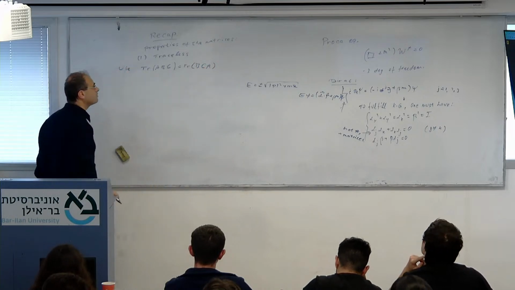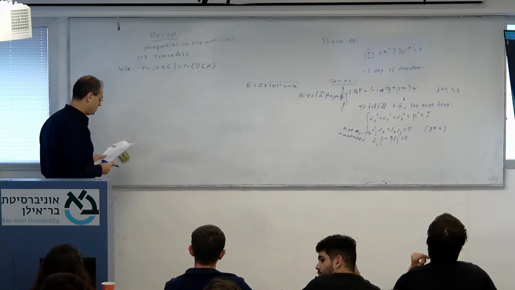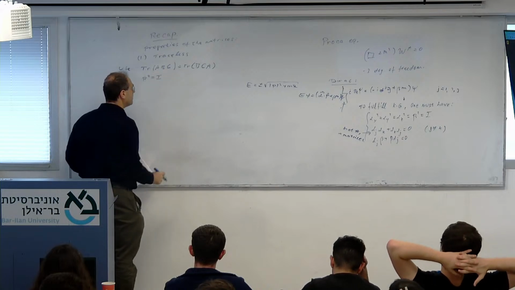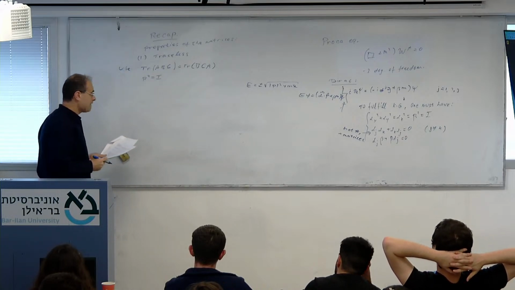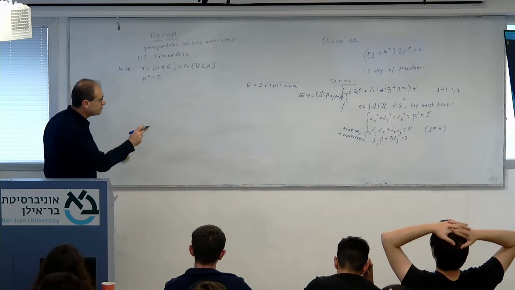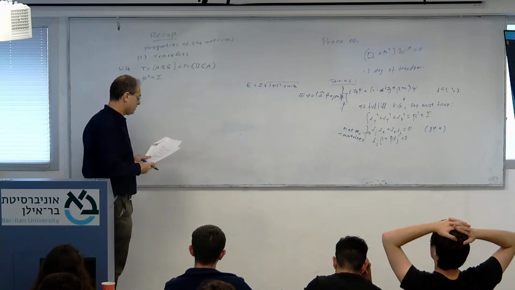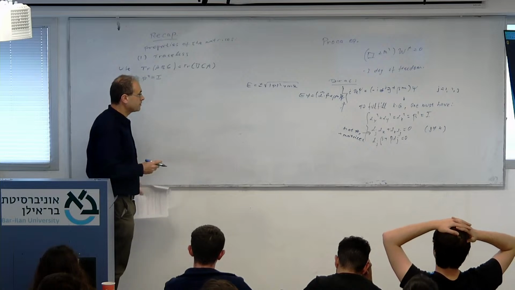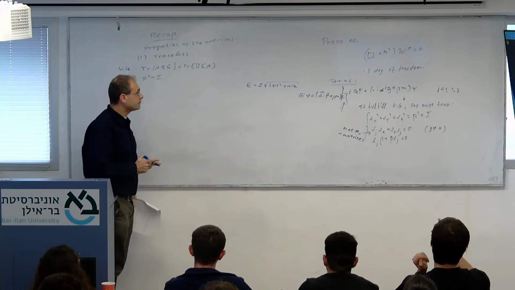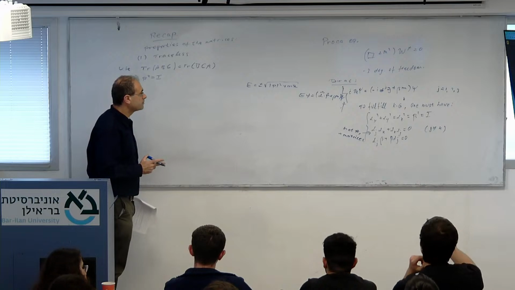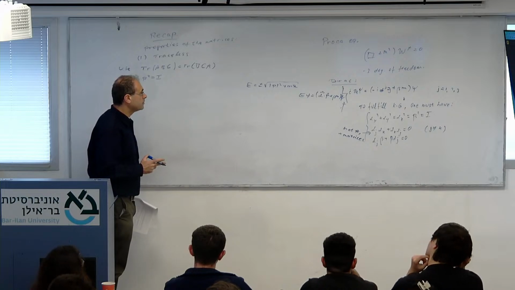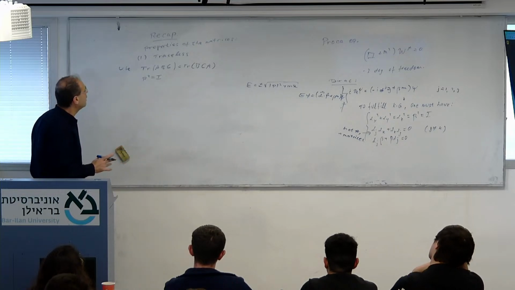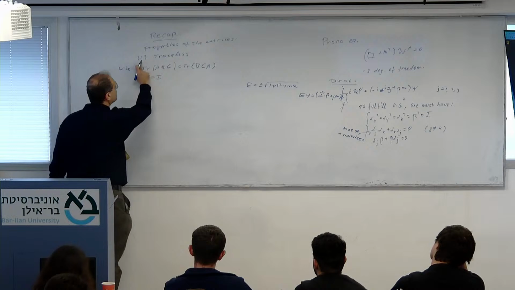We use this property, and also the property that beta squared is equal to I, and the anti-commutation relation. The determinant is 1 for alpha. This is the trace. Yeah, but I'm not talking about the determinant right now. I'm looking at the trace. My first claim is that the matrices are traceless.